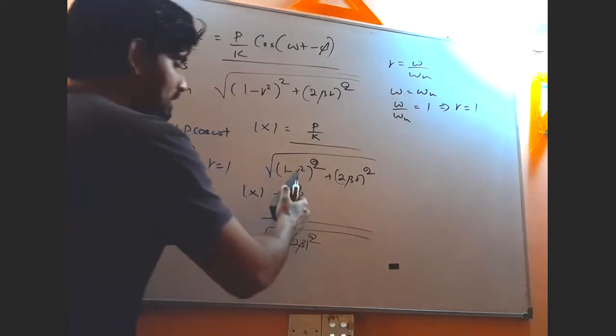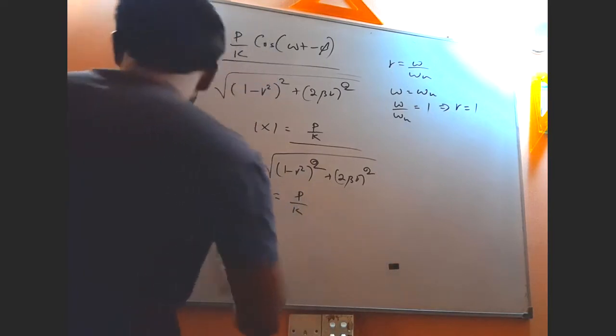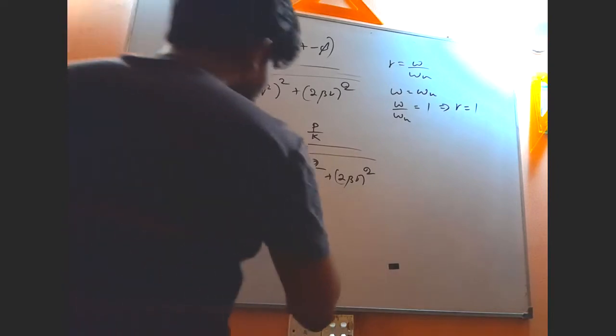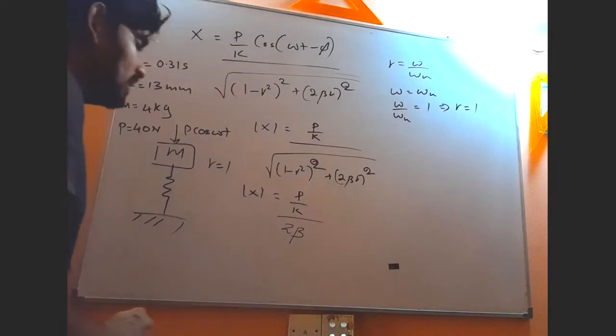That means x equals P divided by K divided by 2 beta.